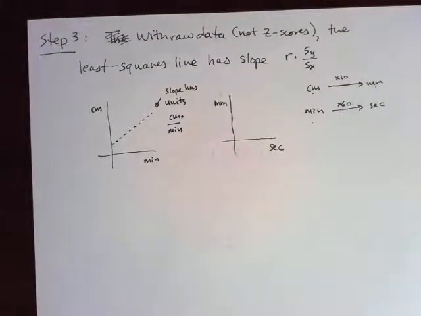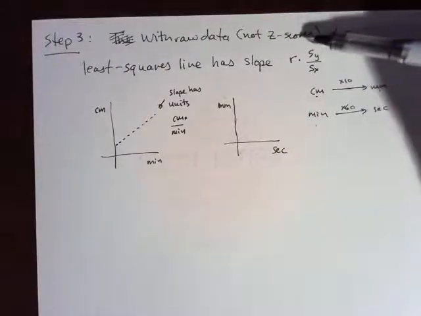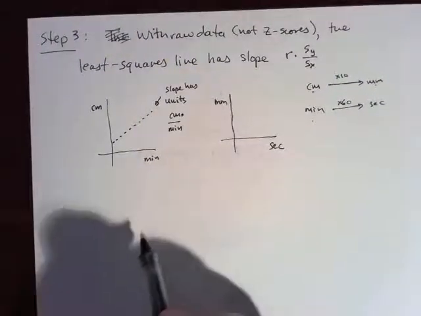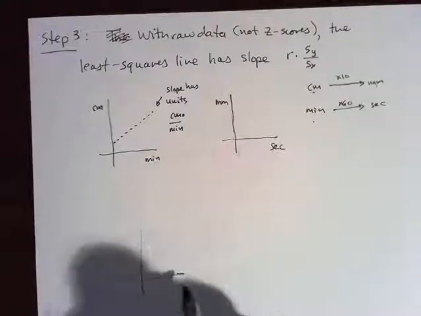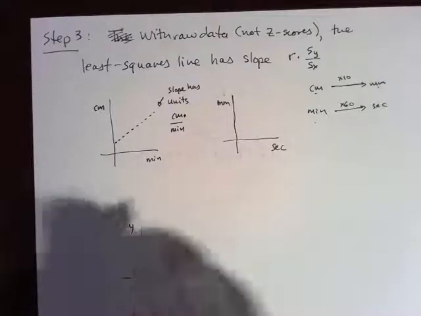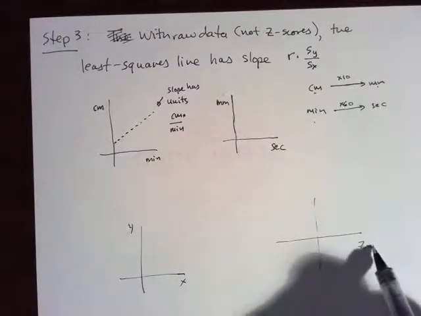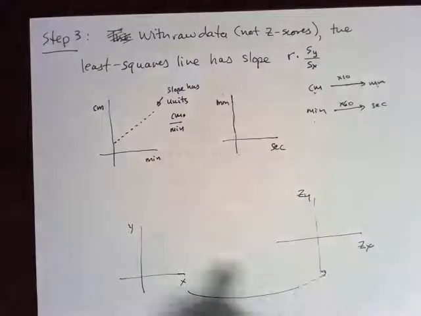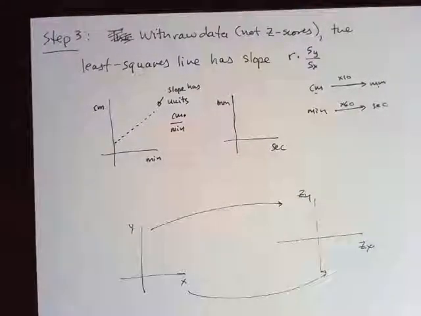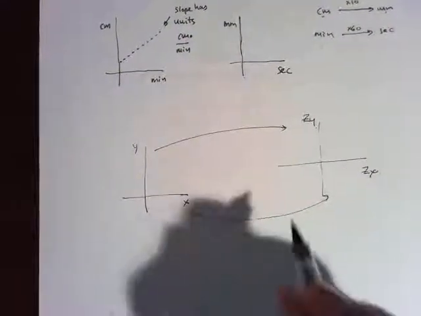What does that have to do with what we're doing? Remember, the way we get z-scores, going back to the very beginning of this, when I go from original data to z-scores, one of the steps, we also have to subtract the mean, but that's not a concern here.